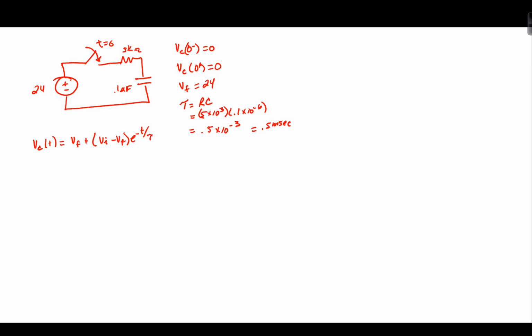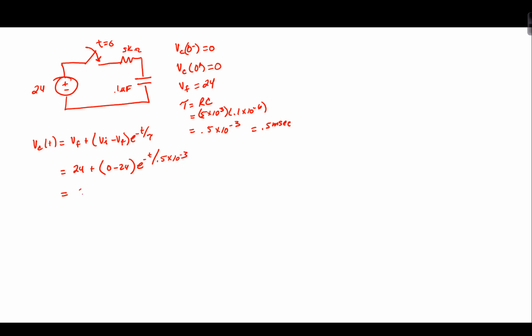So we have our initial voltage, we have our final voltage. This then is going to be 24 plus 0 minus 24 e to the minus t divided by 0.5 times 10 to the minus third.